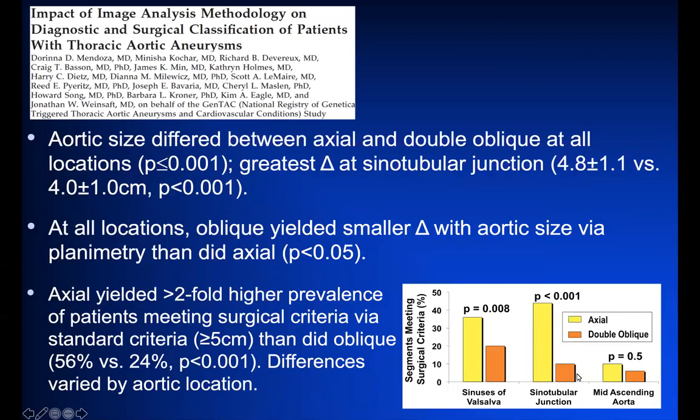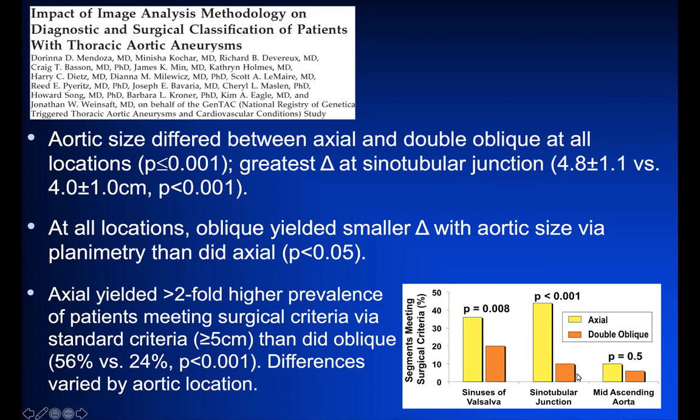What we demonstrated in this initial proof of concept study is that aortic size strongly differed between axial and double oblique methods at all locations. Importantly, greatest differences were at the sinotubular junction, an area in which size is widely used to impact therapeutic decision-making. And at all locations, oblique reformatting yielded smaller differences with size than did planimetry, than did axial measurements.